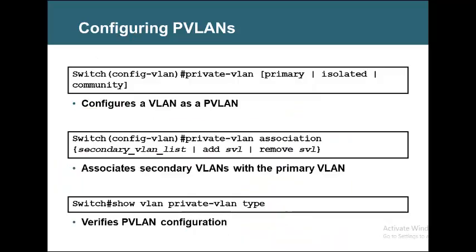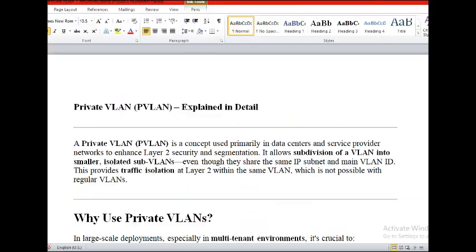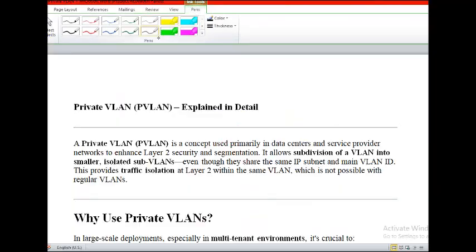See this. Private VLAN is a concept used primarily in data centers and service provider networks. This is to enhance layer 2 security and segmentation, meaning I have segmented into multiple communities and isolate, and also there is security, like members of the isolate cannot talk to each other.